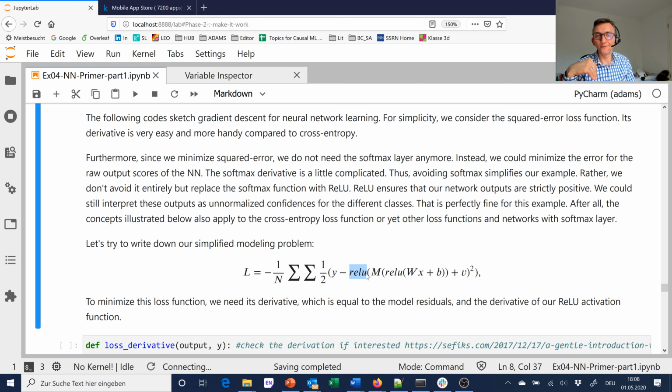I also changed the loss function to squared error because that squared error function has this beautifully simple derivative, which is just the residual. And cross entropy would also add a little bit of complexity as its derivative is not as nice as that of squared error loss. So here we have squared error loss, y minus our network forecasts, which are just confidences, if you wish, but not probabilities anymore.